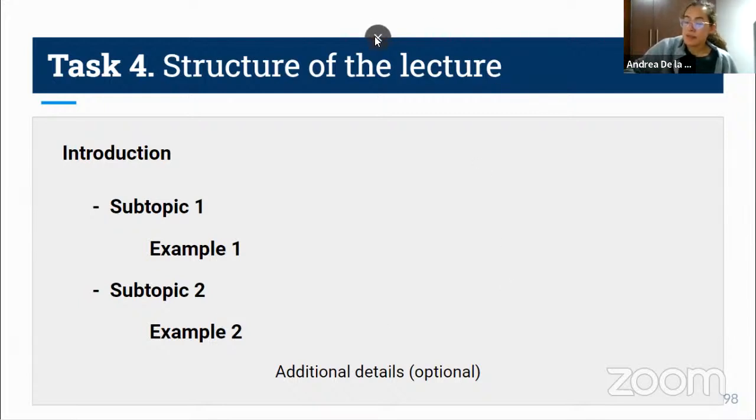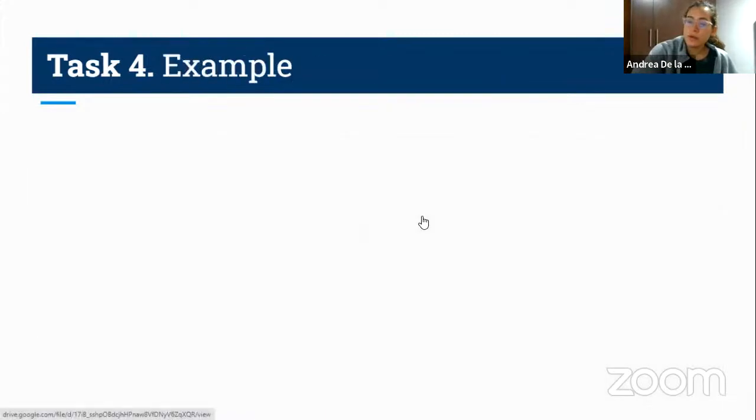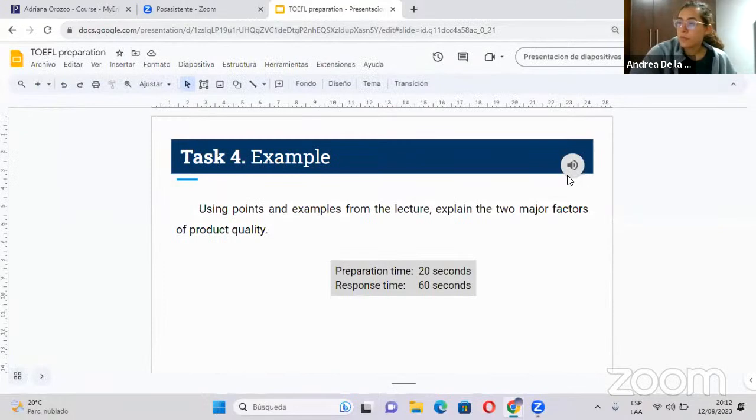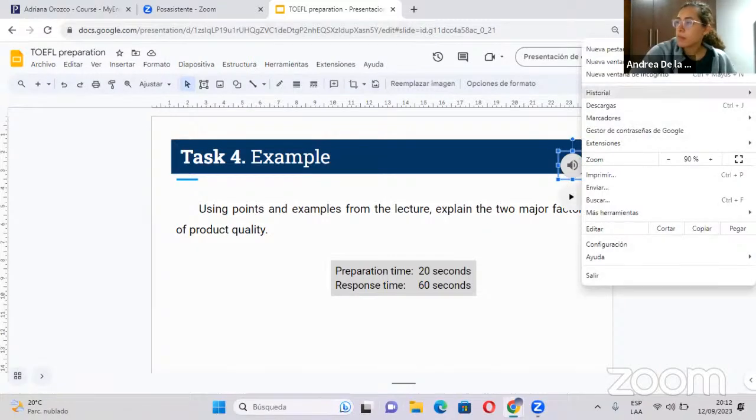Guys, do you have any questions before we start seeing the example? Okay, guys, perfect. Then let's see the example. Let's see our first example for this. Yes, I'm going to play the lecture.